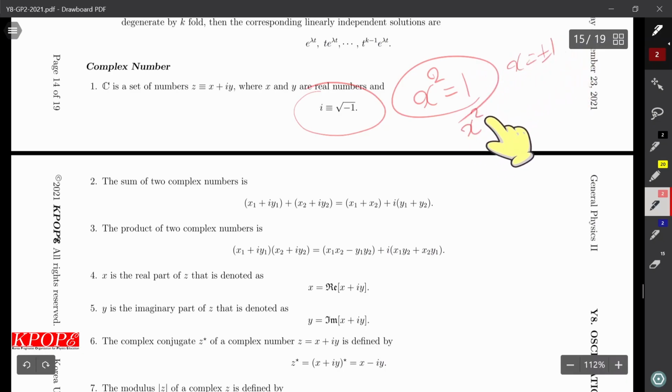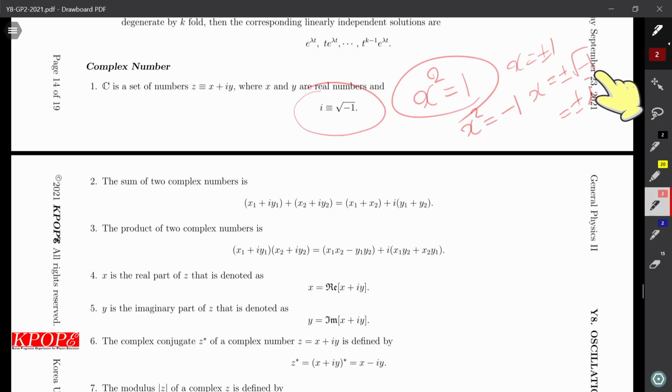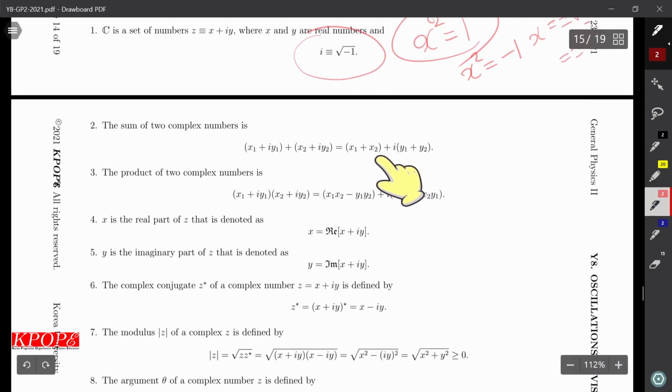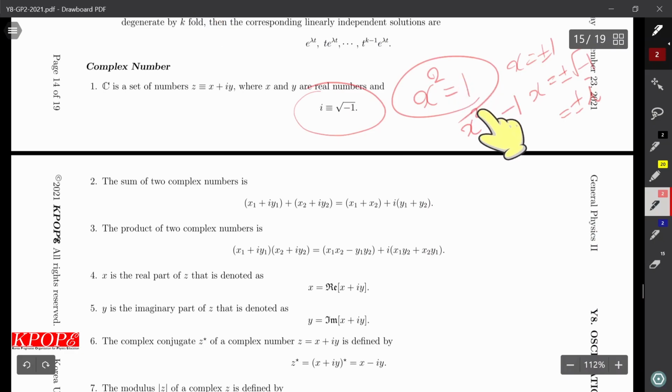And what about the solution for -1? You have the solution plus or minus square root of -1. So I have plus or minus i. Hence, i squared must be -1 because this quadratic equation is x squared equals -1.